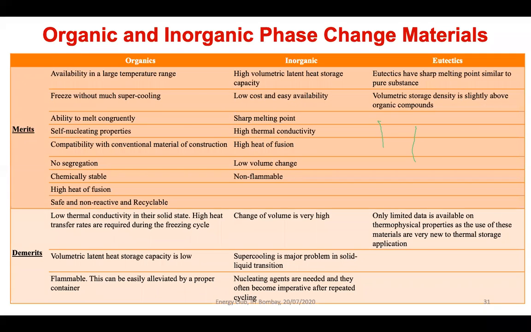Now, metal eutectics are basically metallic substances where we are using eutectic compositions. The main advantage is that they have very high thermal conductivity. However, they have very low latent heat of fusion, and because of this, eutectics are not very much used.